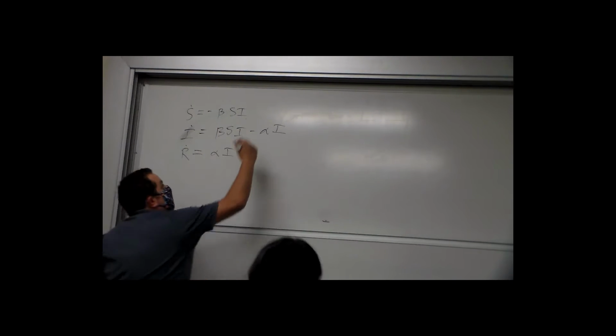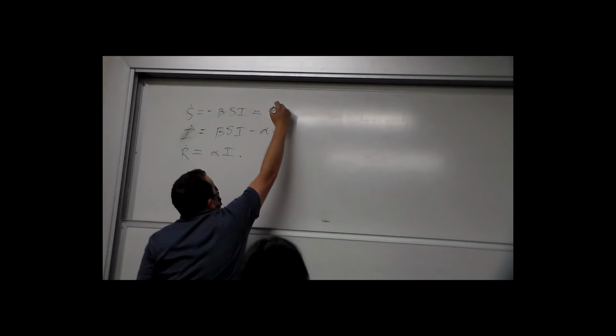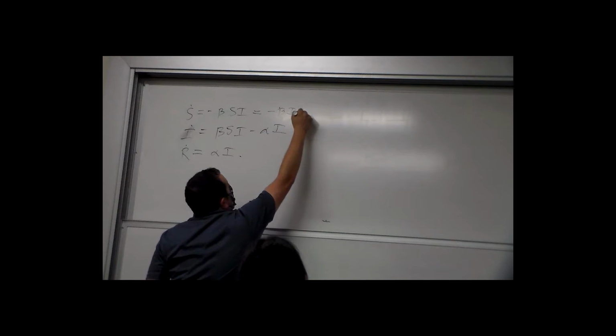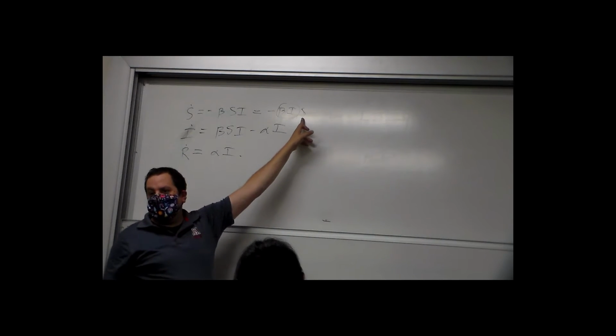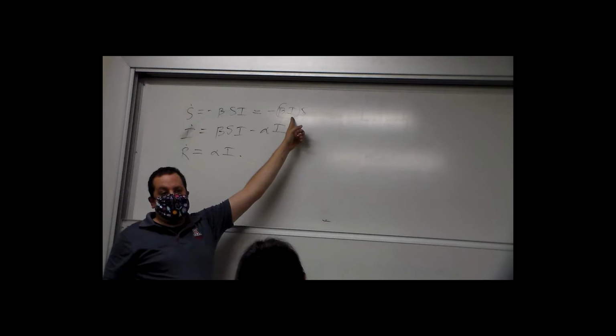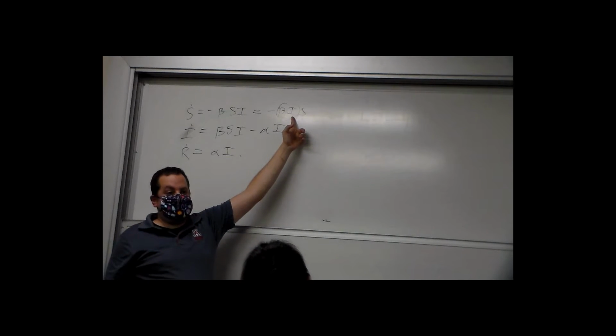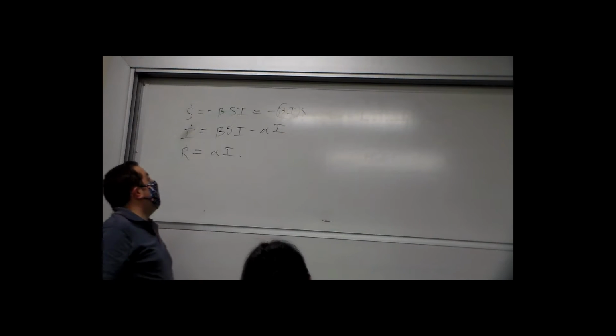If I rearrange this, it is equal to minus beta I times S. The reason I did that is that the left-hand side is saying the rate of change of the S population is proportional to the current susceptible population, where that proportionality depends on the number of infected. And that's basically how fast people are getting infected. Okay, so that's one term.